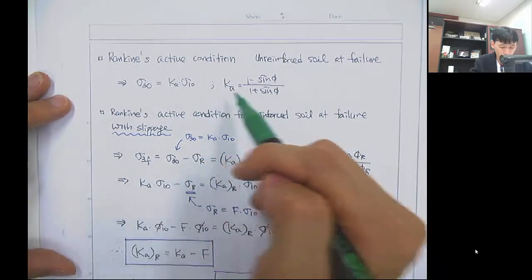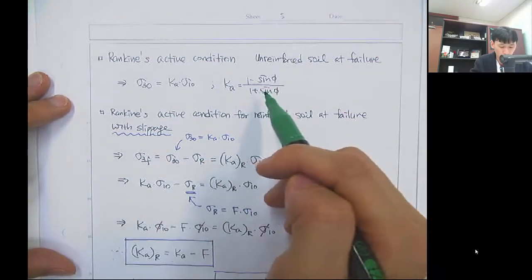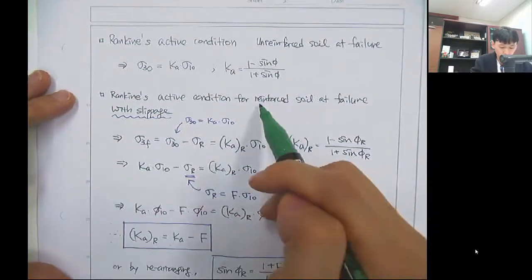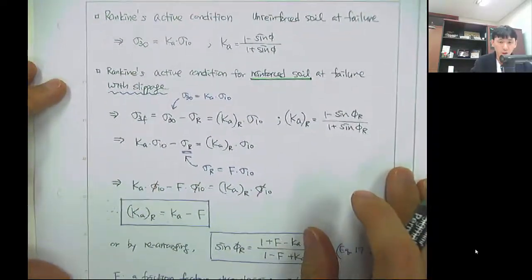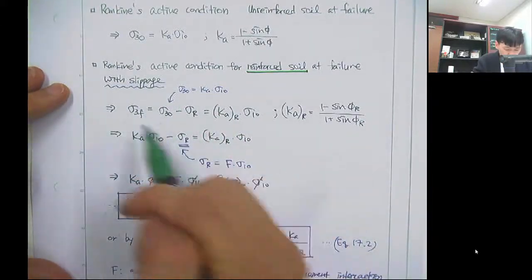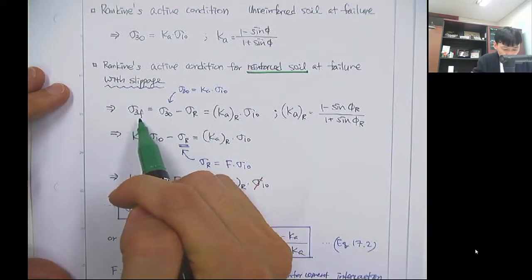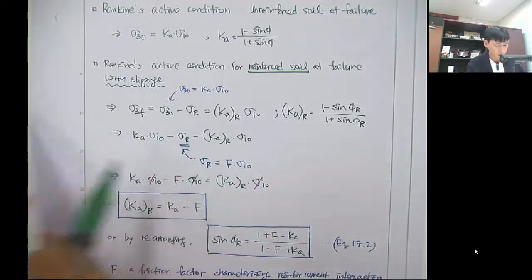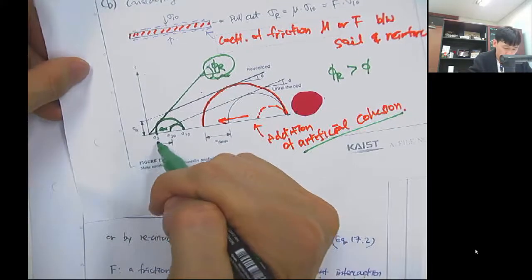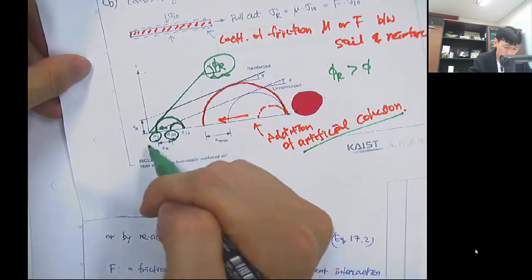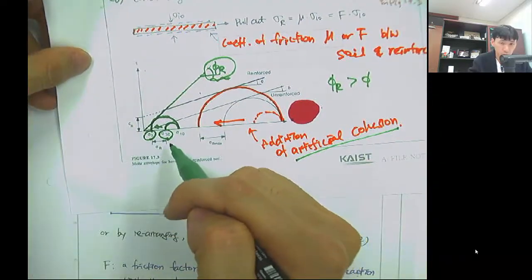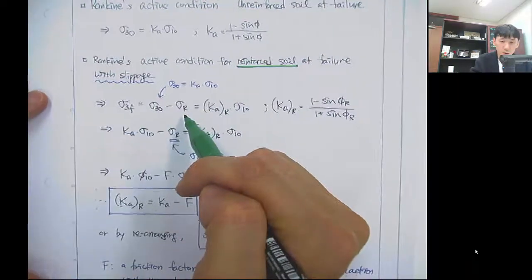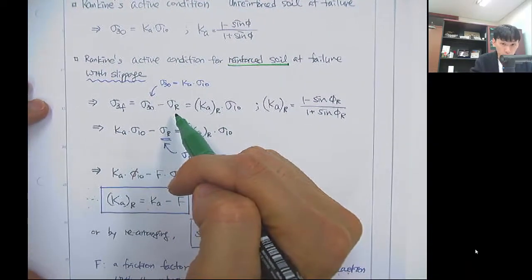So the Ka here is 1 minus sine phi over 1 plus sine phi. And Rankine's active condition for the reinforced soil at failure with slippage can be expressed as follows: sigma 3f equals sigma 3 naught minus sigma r, so the difference between sigma 3 naught and sigma 3f will be sigma r, the reinforcement stress.